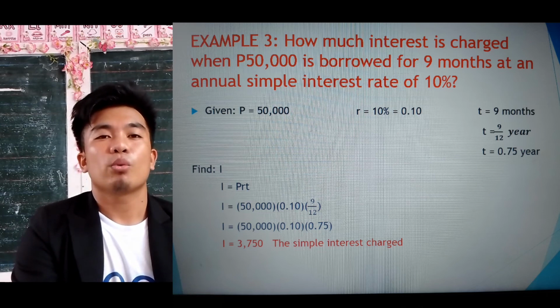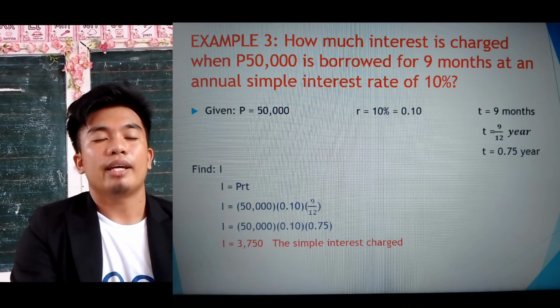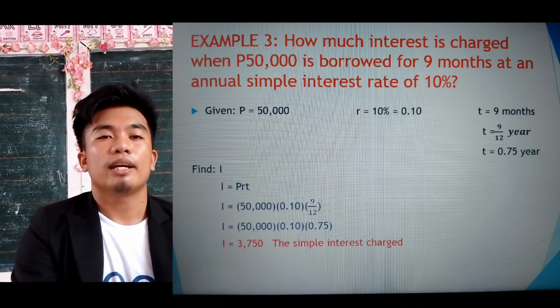Our time is 9 months. To find the interest, we use again the formula P times rate times time. Our time here is 9 over 12 year.